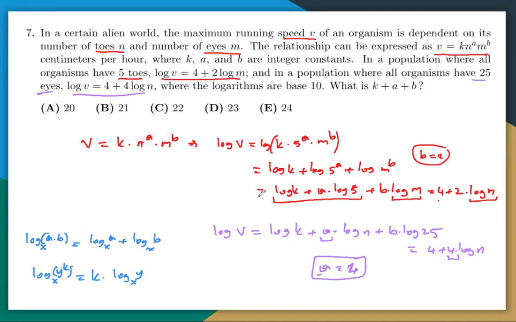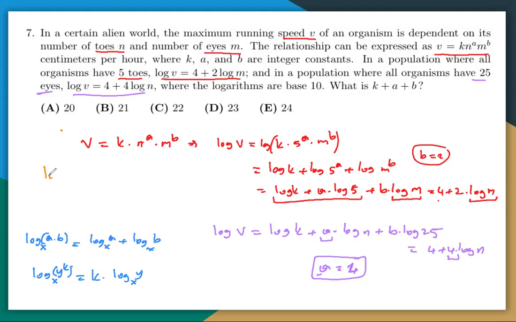Okay, so we got a and b, which is cool, but we are still missing the next variable, k. So let's try that as well. We have 25 and 5 given, right? So maybe we can use the 25 one. When you have 25 eyes, which basically means m is 25, we can plug that into one of the equations.